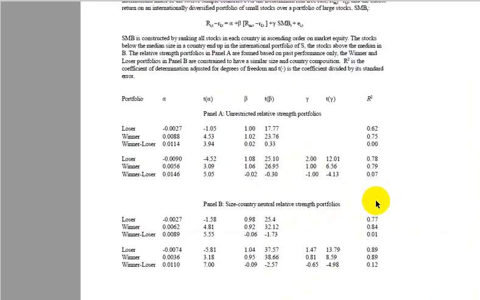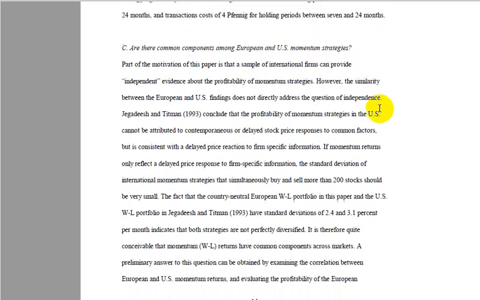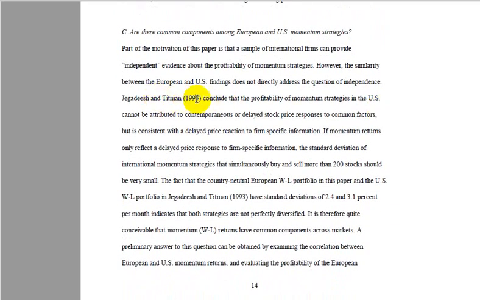Okay, so let's go back up to section C. Are there common components among European and U.S. momentum strategies? In Jegadeesh and Titman's 1993 paper, they found that momentum strategies were probably caused by a delayed price reaction to firm-specific information.